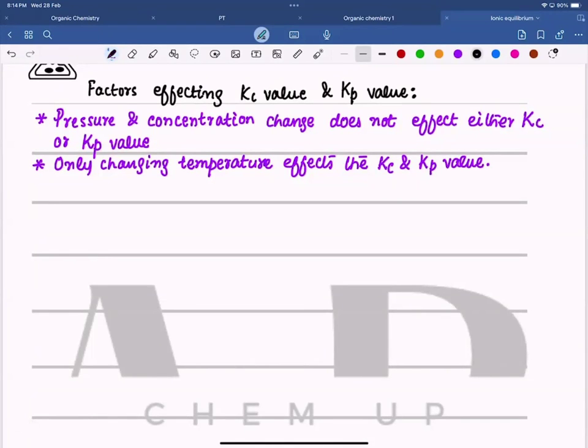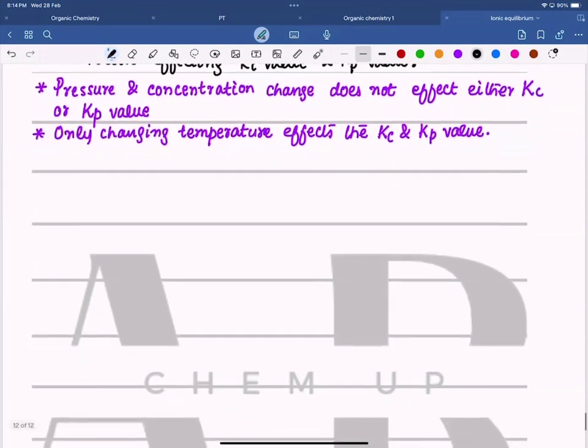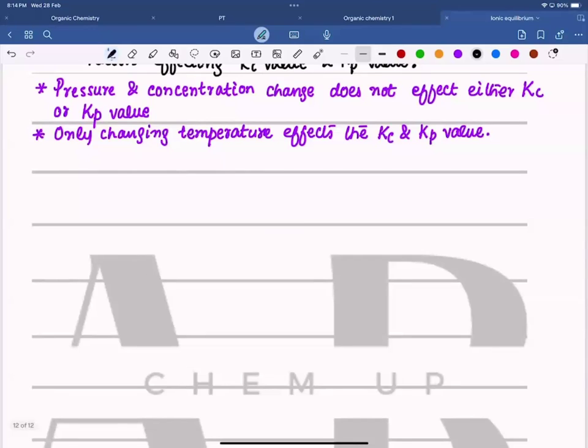So when we change the temperature, there will be a change in Kc and Kp value. But when we change the pressure or the concentration, there would be no change in Kc and Kp value. They stay constant. Is this clear to all of you? Yes, sir.